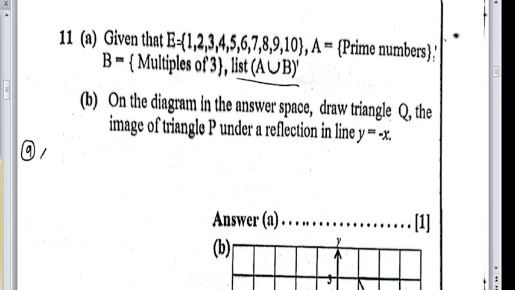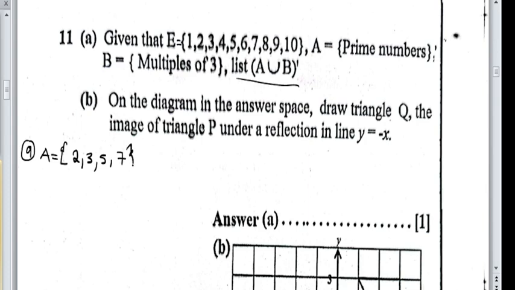So I'll start by listing my A there. I look for prime numbers from this set. Prime numbers, these are numbers divisible by 1 and itself. So the first prime number is 2, followed by 3, followed by 5, followed by 7.